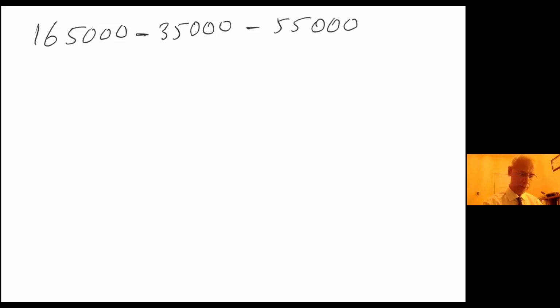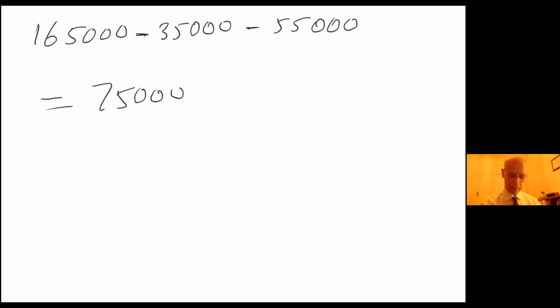In the beginning, we had a total of $165,000. If I subtract the amount that was invested for CDs, that is 35,000, and subtract the amount that was invested for bonds, 55,000, the zeros cancel out, so 55 and 35 is 90, so $75,000.